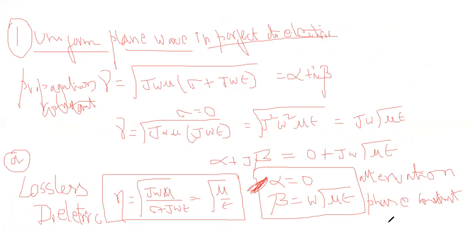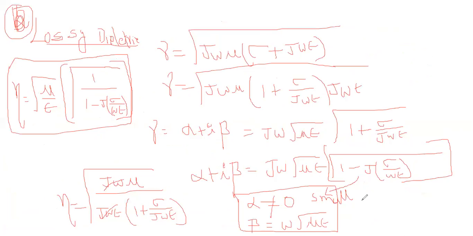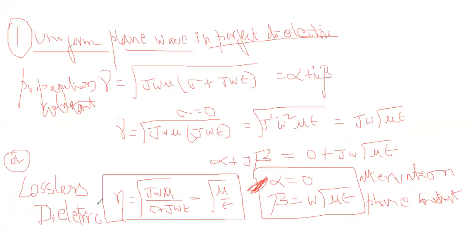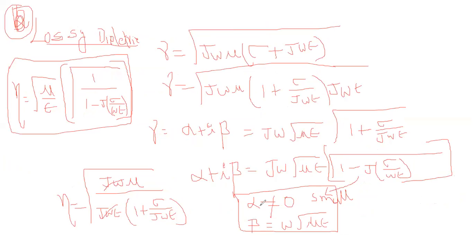Now the lossy dielectric: alpha is not equal to 0, which means it has a term multiplied, 1 minus j sigma by omega epsilon, and beta is the same, omega under root of mu epsilon.